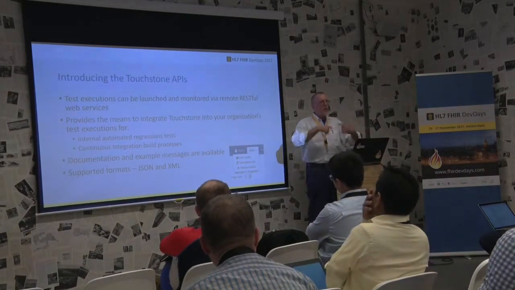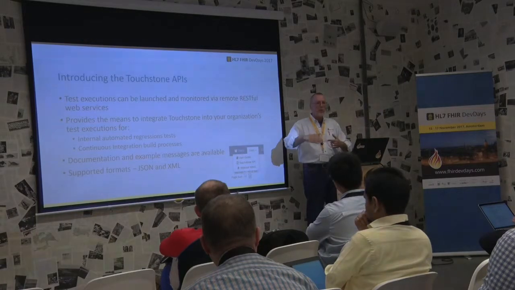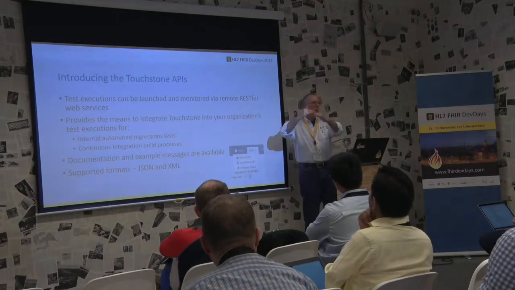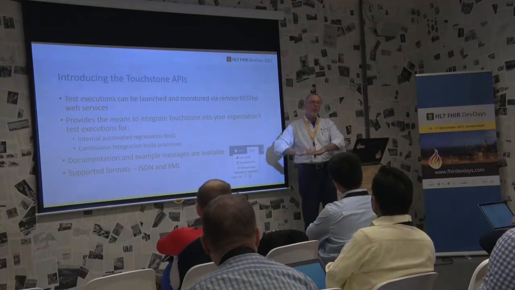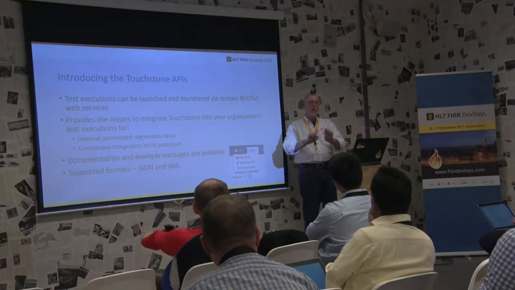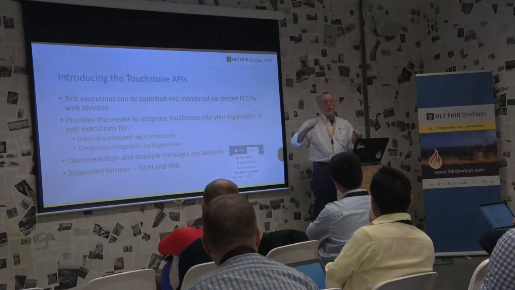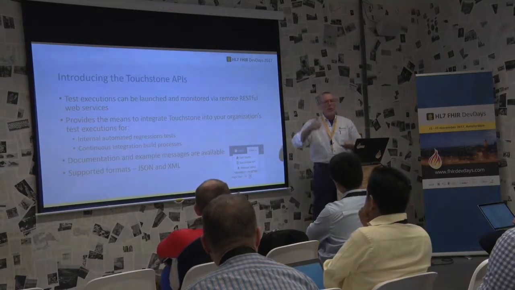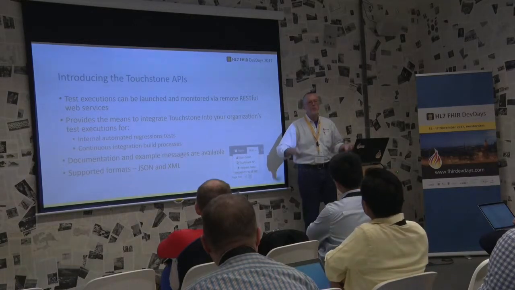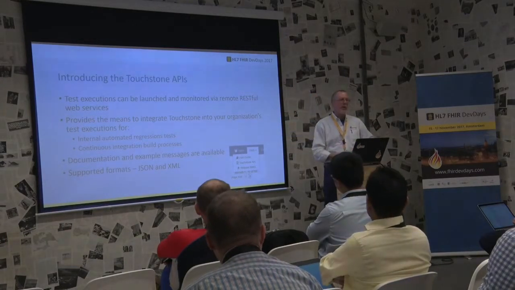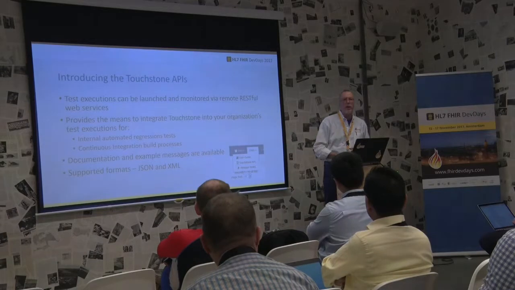It'll just keep polling every minute to see the status, the percentage complete of my test execution. When it goes to 100%, I look at the overall status, which is either pass or fail. If it passes, my build passes. If it fails, I fail my build. And again, I've got that all documented in the user guide, if you want to take a look at that.